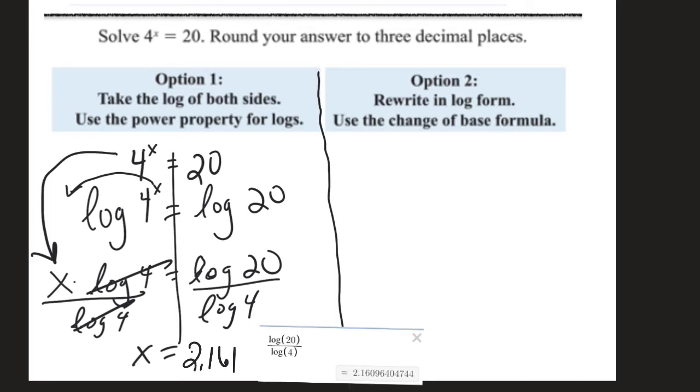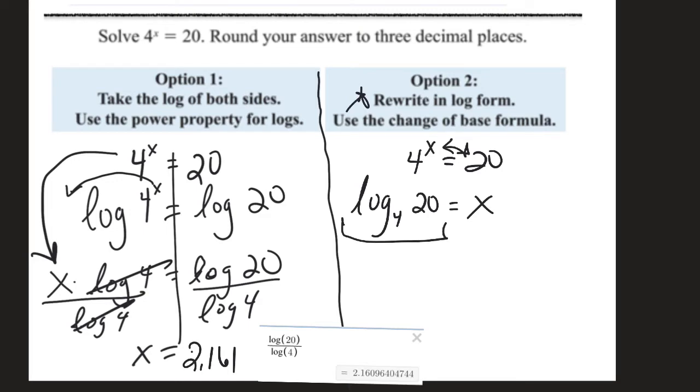The second method is to take your exponential and rewrite it in log form. So if I have 4 raised to the power of x equals 20, and I rewrite this in log form, I would write log. My 4 would become the base, and 20 and x would change spots. If you have a calculator that can have all of these things written just the way that they are, Desmos is one of those calculators, but sometimes you don't.